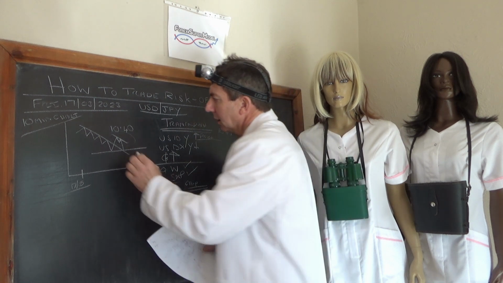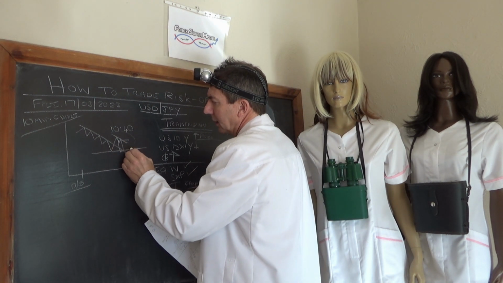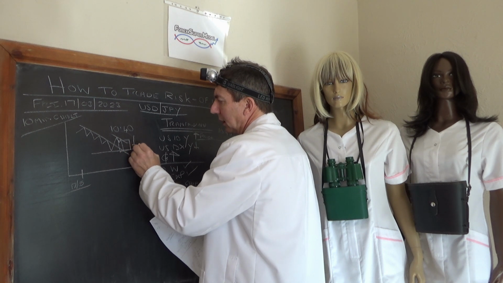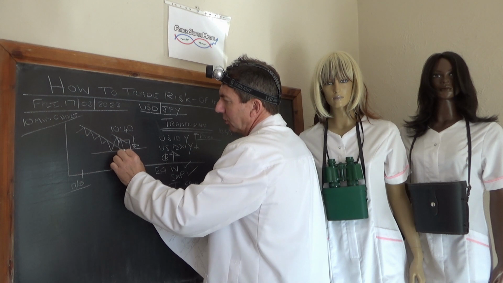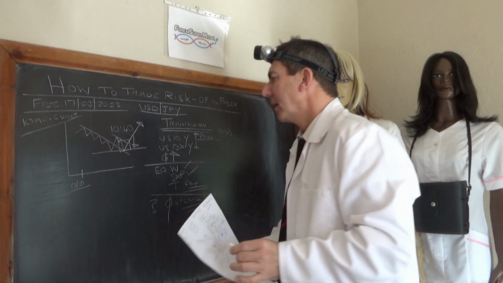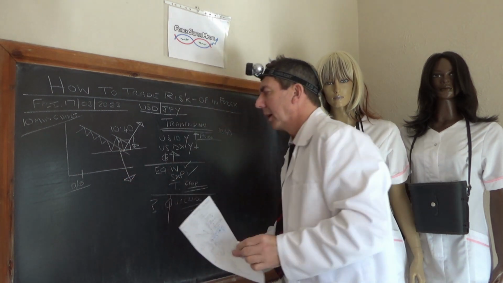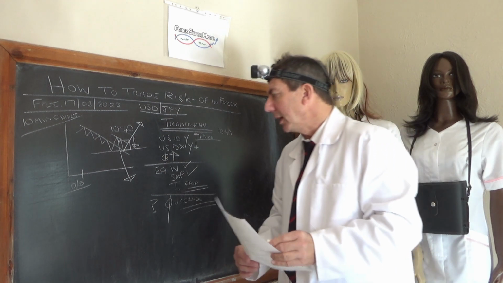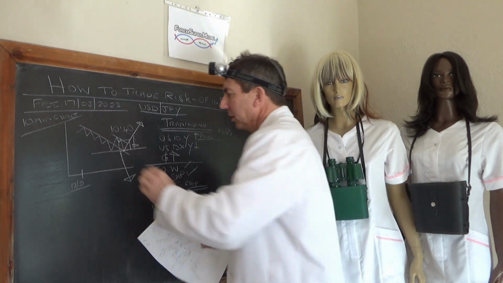So initially the safest part of the trade is here. If you're shorting down to this trend line, quite often you'll get a bounce there, but in this case we've got a continuation. So you need to be prepared to get out here on the initial trade.